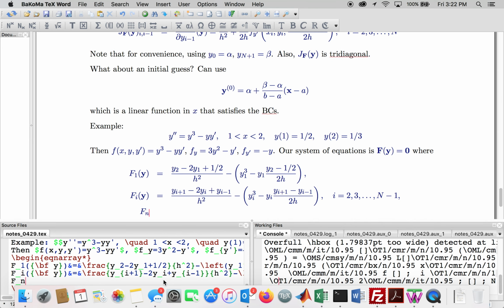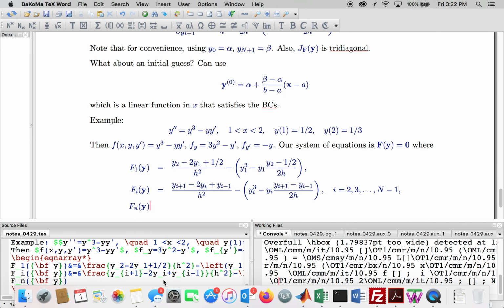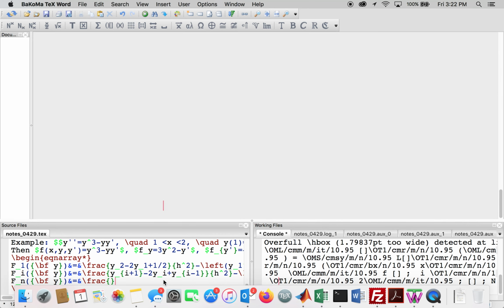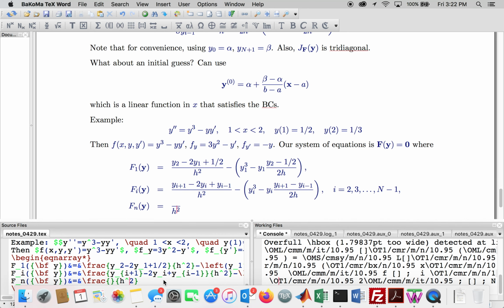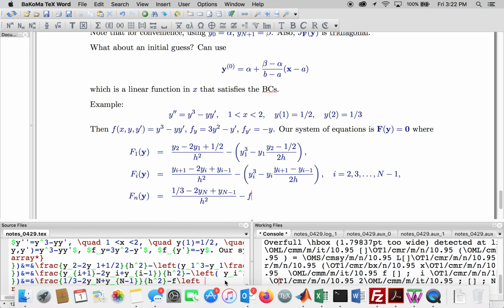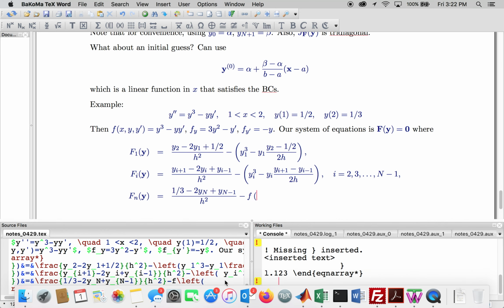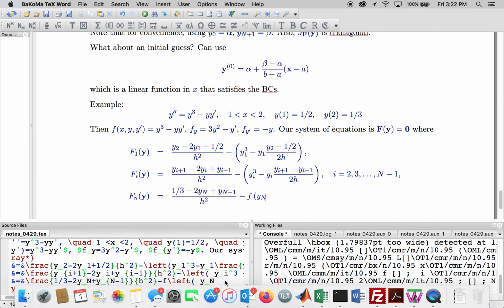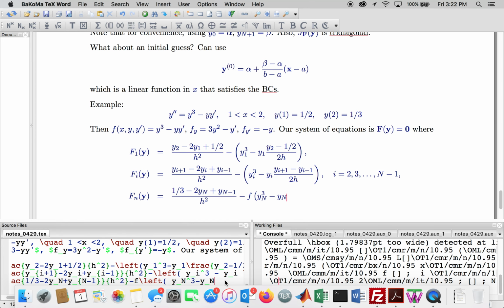And last equation, all right, so then y n plus 1, but that's the right boundary value, so that's 1/3, minus 2yn plus yn minus 1, minus the evaluation of f at the last interior point. So that would be yn cubed minus yn.